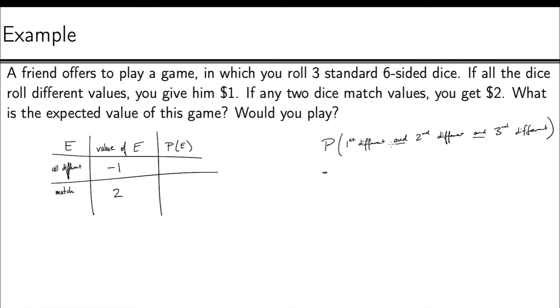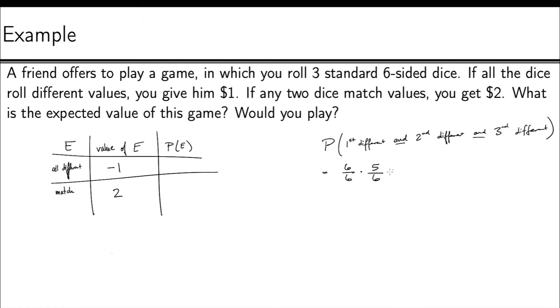Now, obviously, the first die could be anything you want it to be. No matter what, it's going to be unique. So this is 1. In fact, there's 6 ways to roll something out of 6 ways to roll something. And then times, for the second die, you need it to be different, so there's only 5 possibilities out of the 6 rolls.